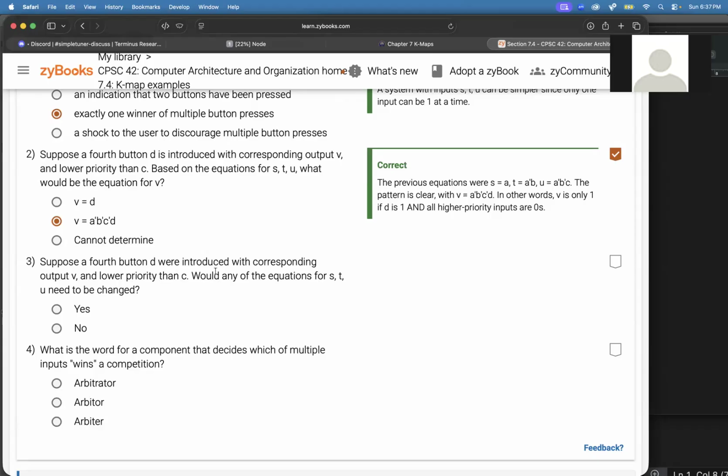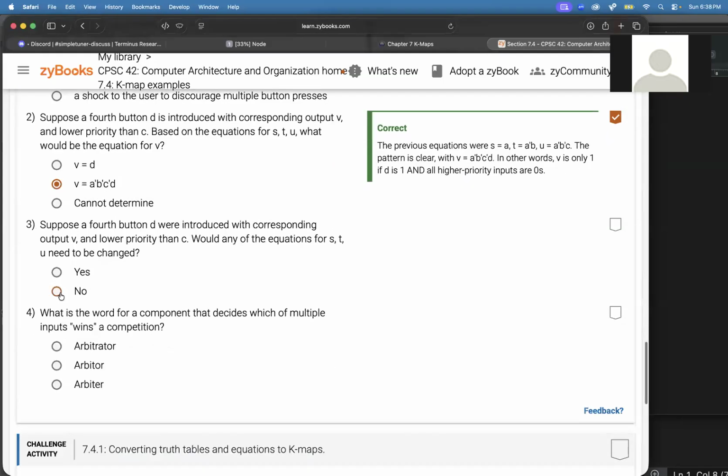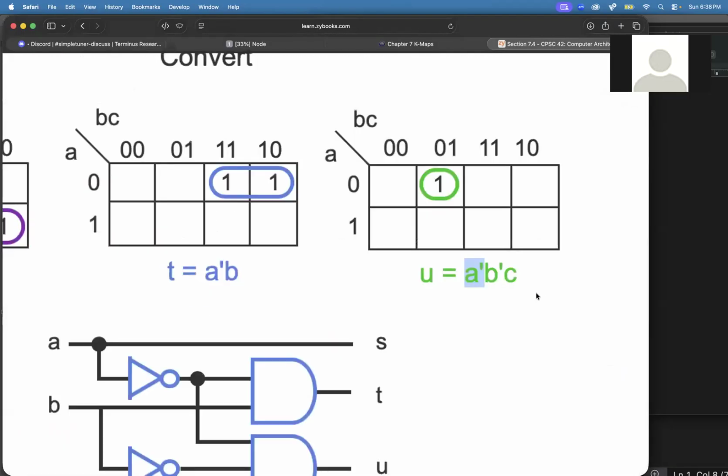Suppose a fourth button D were introduced with output V and lower priority than C. Would any of the equations for S, T, and U need to be changed? No, I don't think so. When you're writing the equation for U, it's button C, and you need to say not for the buttons that are higher priority.